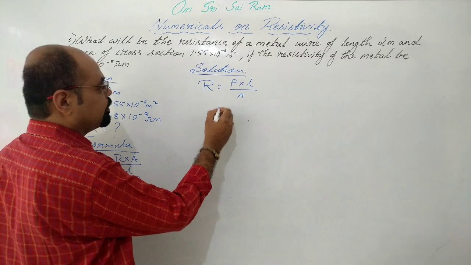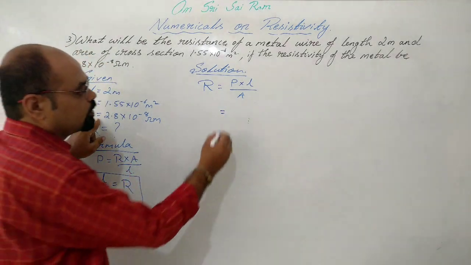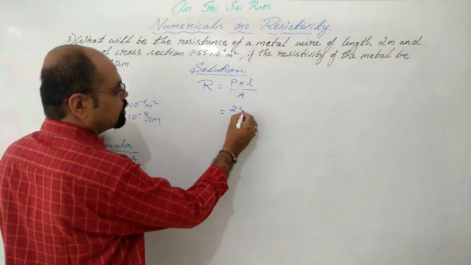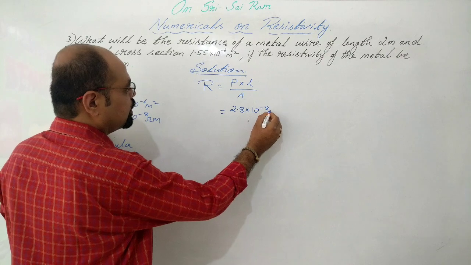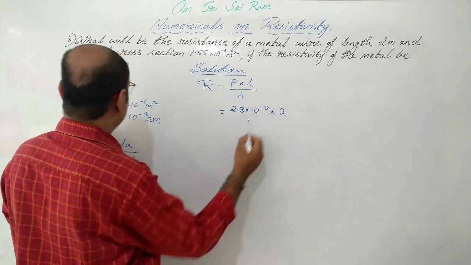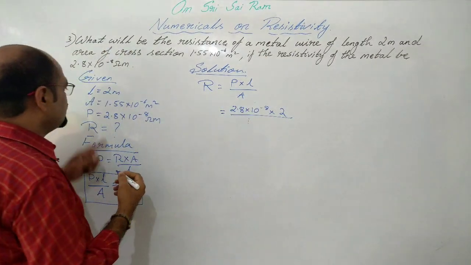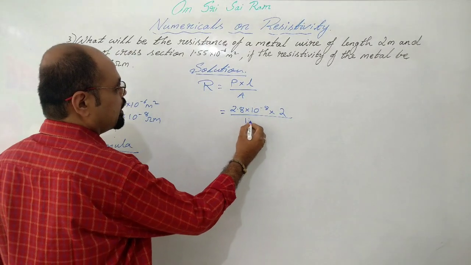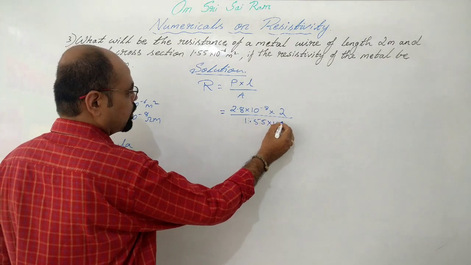Okay. Substituting the value, that is rho, resistivity, we have 2.8 into 10 to the power of minus 8 into length. Length is 2 meters divided by area. Area is given, that is 1.55 into 10 to the power of minus 6.